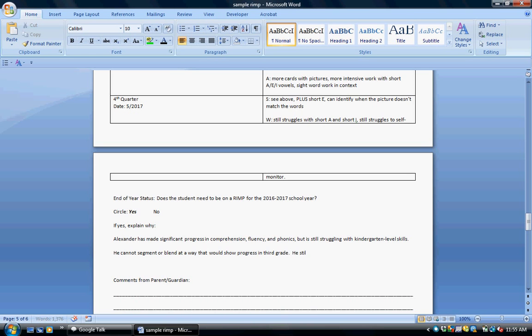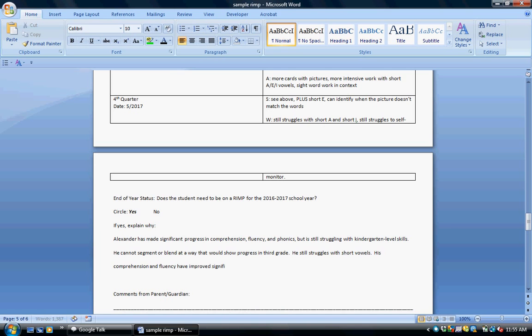He still struggles with short vowels. His comprehension and fluency have improved significantly, and this is where you attach your work samples, but it is not at a third grade level.